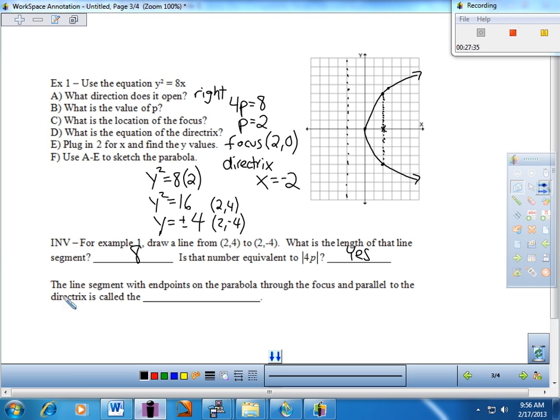The line segment with endpoints on the parabola through the focus and parallel to the directrix, little Latin here, is what's called the latus rectum, which in English translates to, if I remember correctly, straight side. Kind of random, but that's what we'll use, the latus rectum.